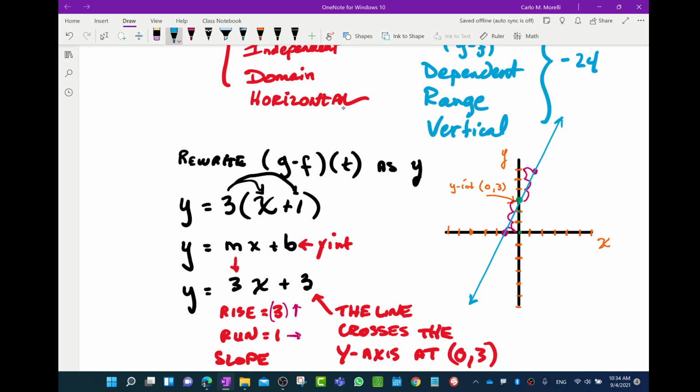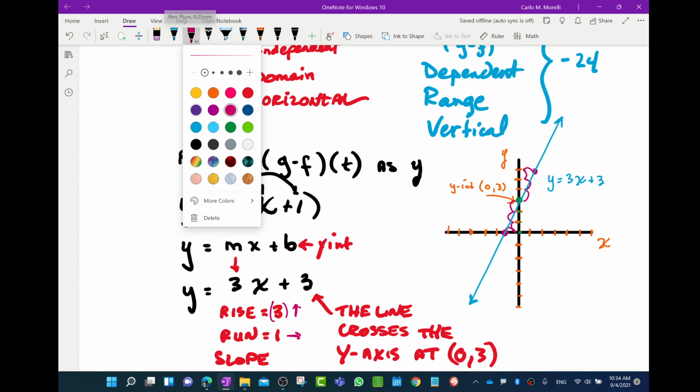And the equation of that line is y equals 3x plus 3. But we can now substitute back in g minus f of t in function notation.